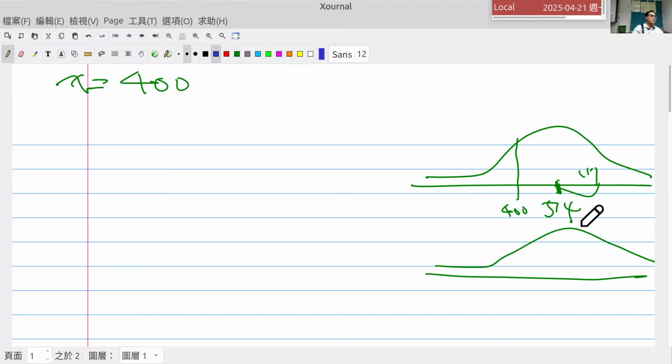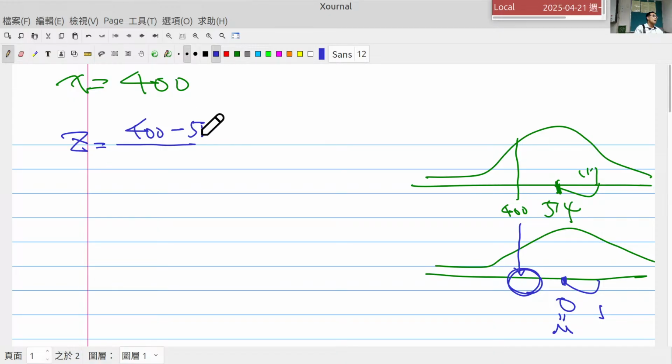Here is the standard curve. Mean equals 0, and the standard deviation is 1. And where is the location of the 400? You need to calculate. The formula is z equals 400 minus 514 divided by 117.